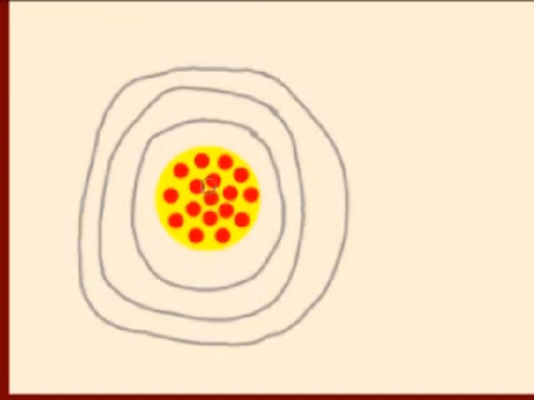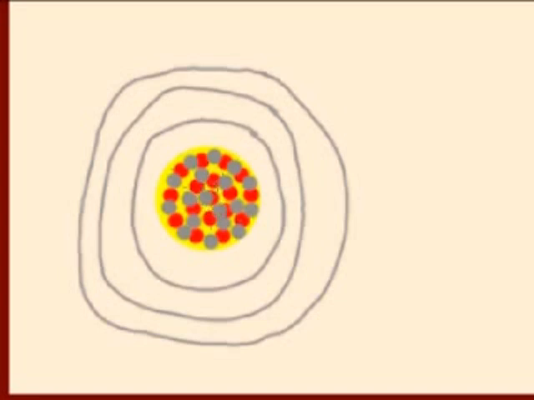There are going to be 17 protons, and there are going to be 18 neutrons. 1, 2, 3, 4, 5, 6, 7, 8, 9, 10, 11, 12, 13, 14, 15, 16, 17, and 18.